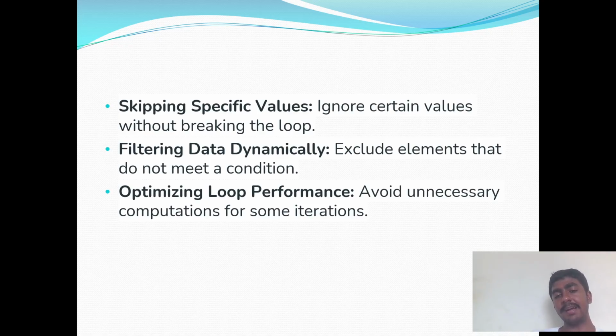Mistake number one, thinking continue will end the loop. No, we already saw the difference between break and continue, and continue only skips one iteration, not the entire loop. Mistake number two, thinking everything after continue still executes.